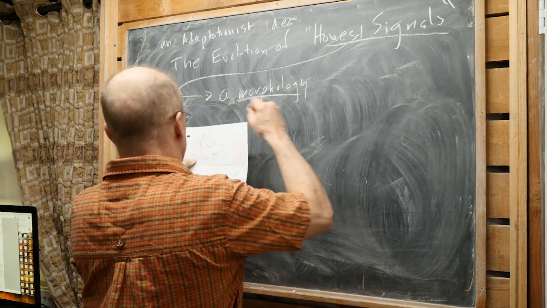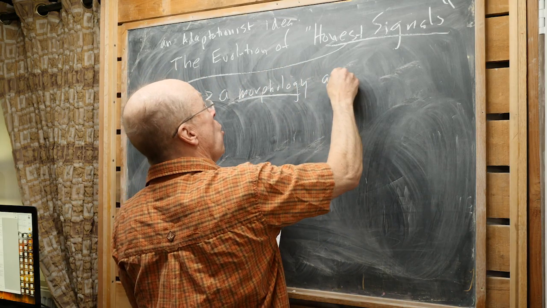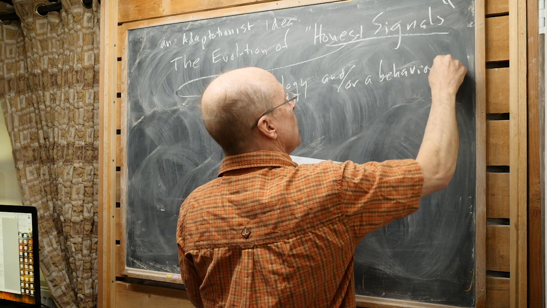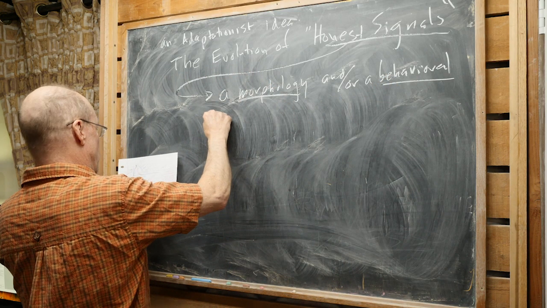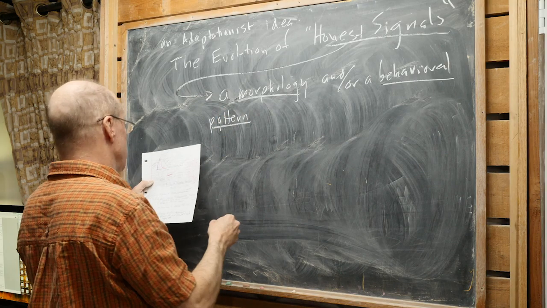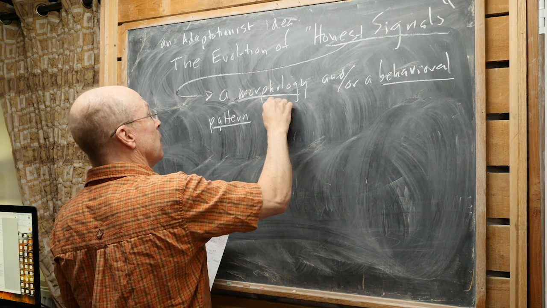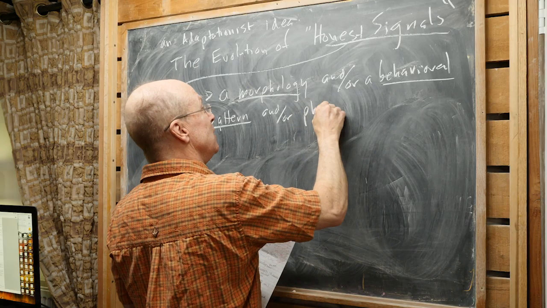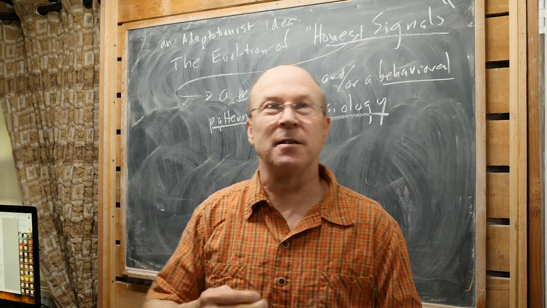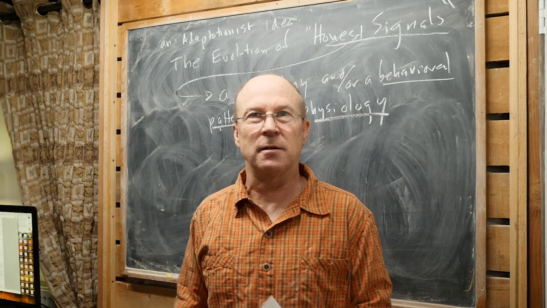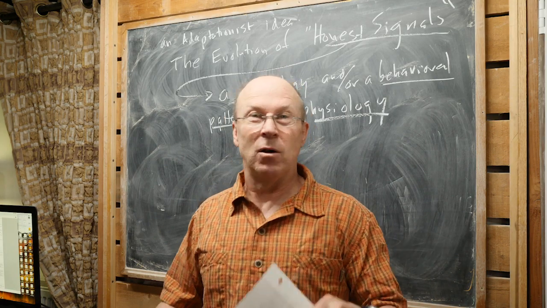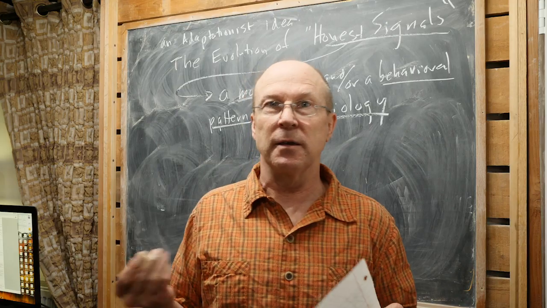So a morphology and or a behavioral pattern, and or a physiology, and of course physiology could be manifest in semiochemicals that you're giving off, pheromones. Like I smell like somebody could whoop your ass is basically the idea there.